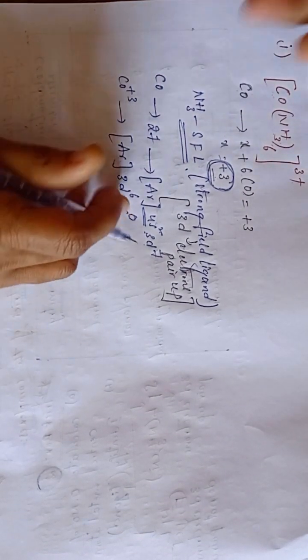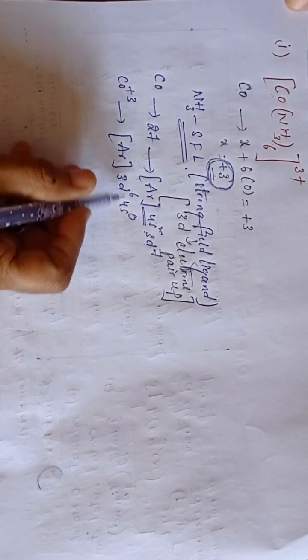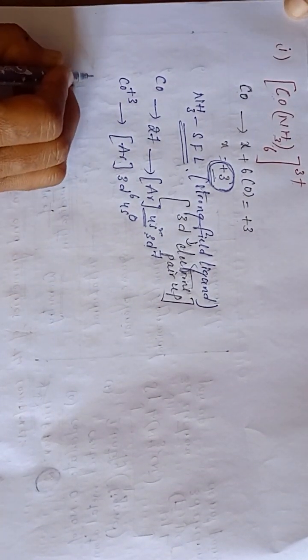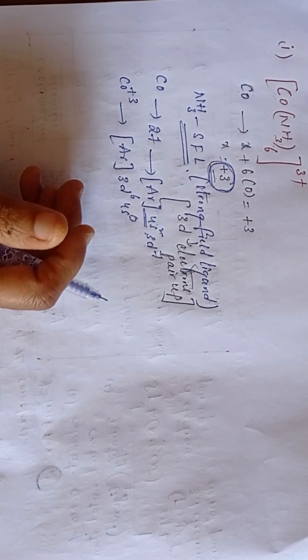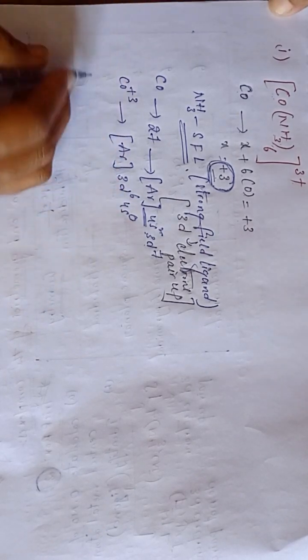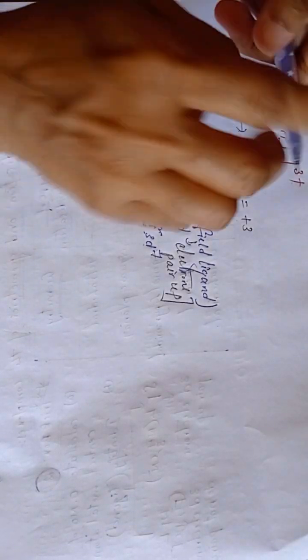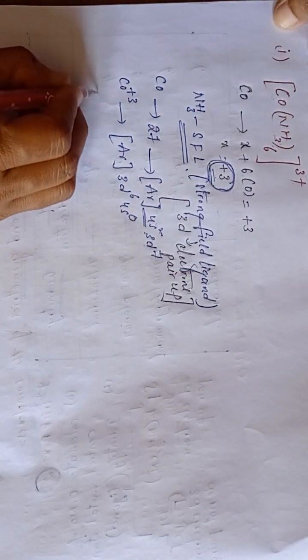Now the orbital structure. I'm taking 3d6 4s0. How many orbitals will be there in the 3d subshell?